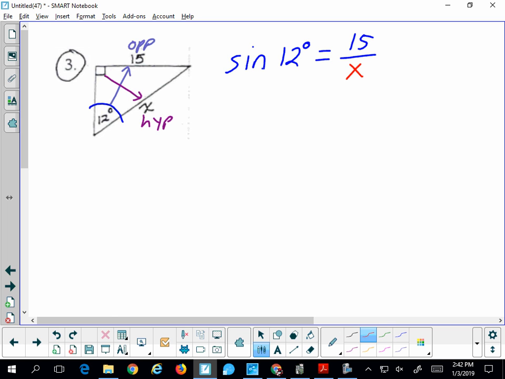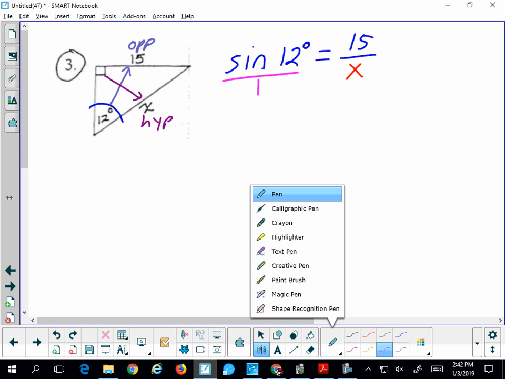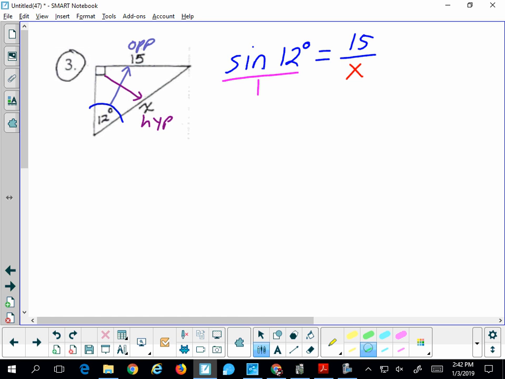So the x is part of my ratio, so I can come over here, create a ratio on the left, a ratio on the right, and then do my cross multiply.